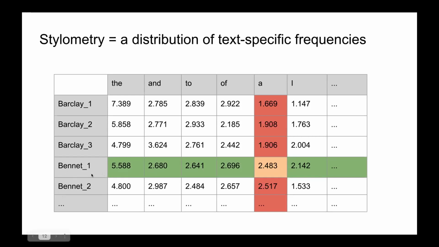It is represented as a vector of frequencies of those particular words, frequent words, not so frequent words, whatever, right? So Bennett is represented as the frequency of the word "the" in this text, and "of", and so on, right? And the particular word, say word A, is a distribution of different frequencies across the corpus.